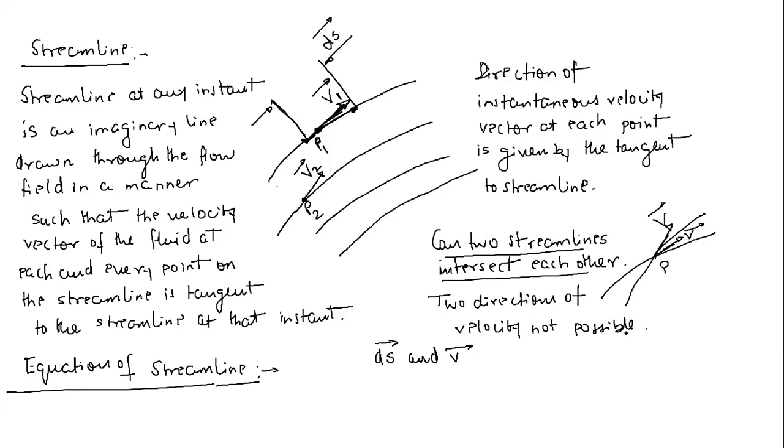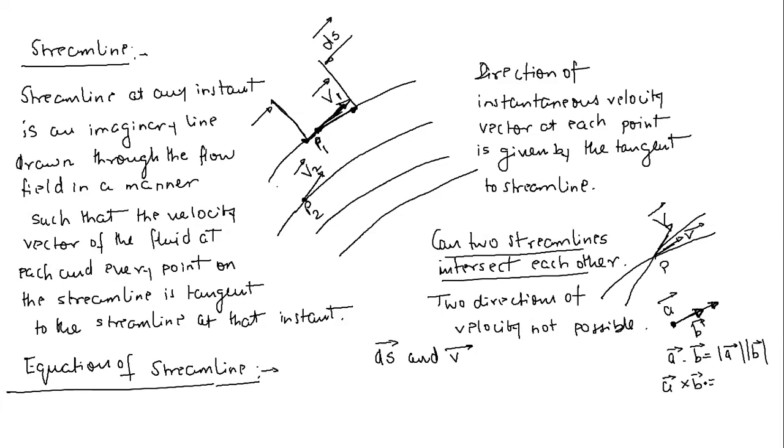Let me give you one more hint. Let's say there is a vector a and a vector b, both in almost the same direction. If I take the dot product of these two, it is simply mod a times mod b times cos theta.